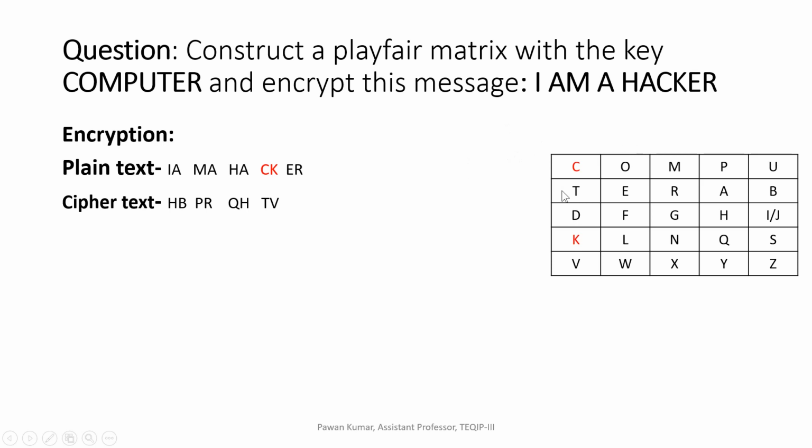Next CK is also in the same column. That means the replacement of C will be T and the replacement of K will be V. Then next ER is in the same row. That means the replacement of E will be R and the replacement of R will be A.